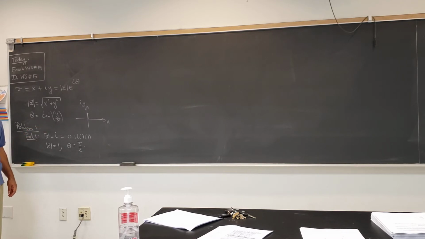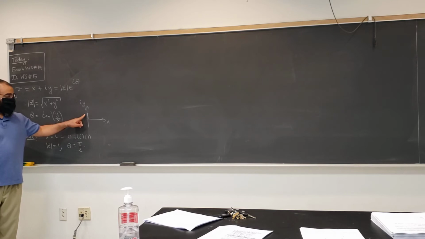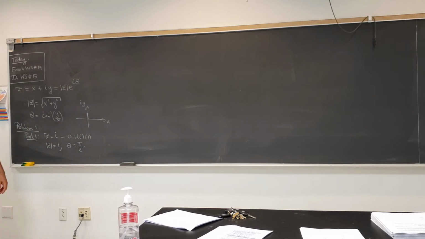What is tangent of pi over 2? It's the asymptote, approaching positive infinity. When it sits exactly at that, it is pi over 2.